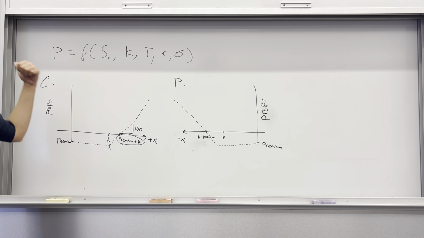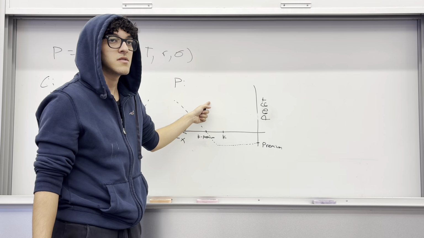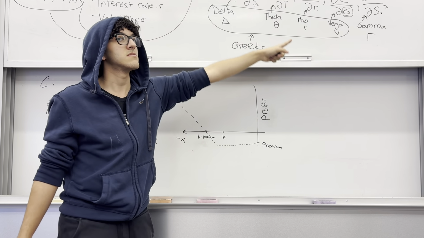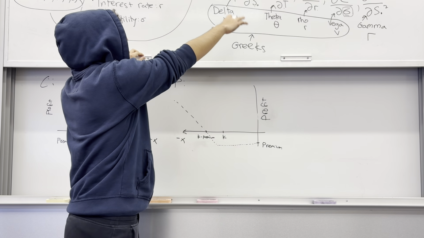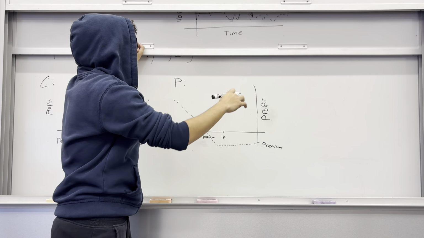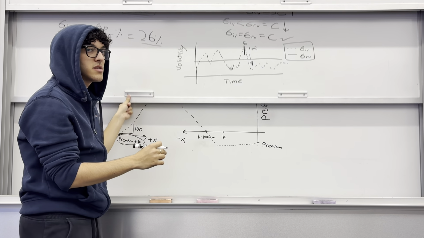As the stock price becomes less, you profit off of your put. It's the exact same mechanics, the exact same function, exact same everything, except it's inverted.